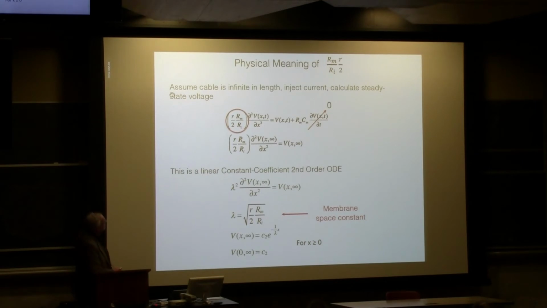All right, now let's figure out the intuition into this term here. Again, capital R sub m and R sub i, these are the specific membrane resistance, the specific axial conductance of the membrane. These two parameters and C, we need to know these for any neuron that we're studying. And so the way you get them is to guess at their values. Well, you can measure their values, and we're not going to talk about that.